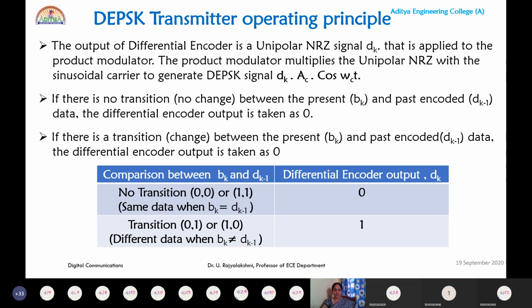For different data, like one is 0 and the other is 1, which occurs when Bk is not equal to dk minus 1, the output is 1. So for different data the output is 1, and for the same data the output is 0.